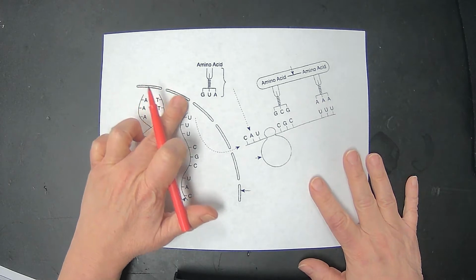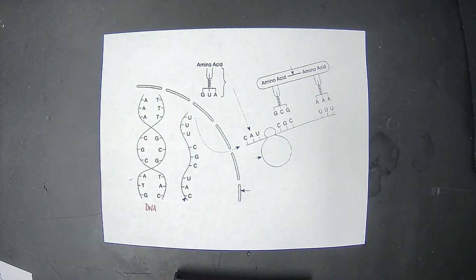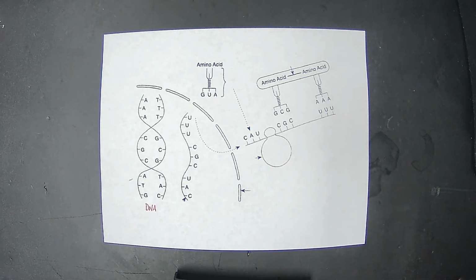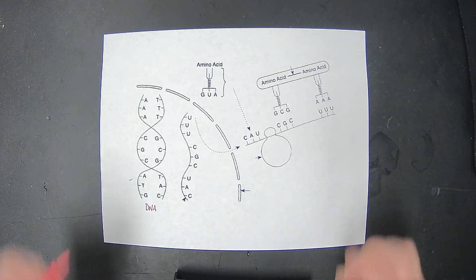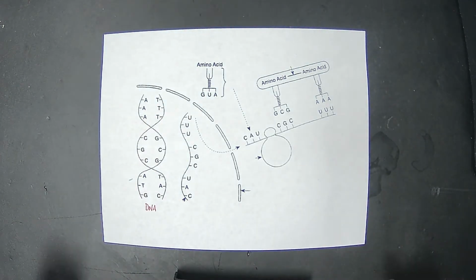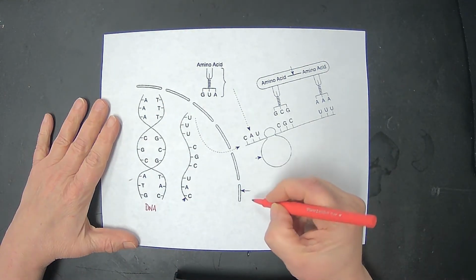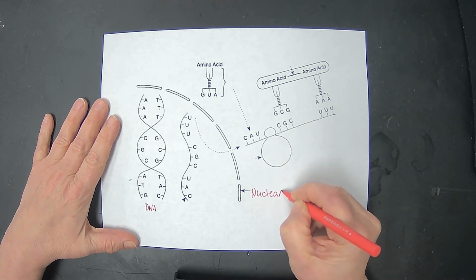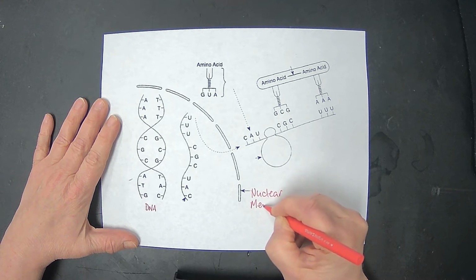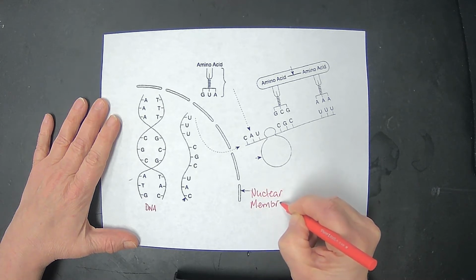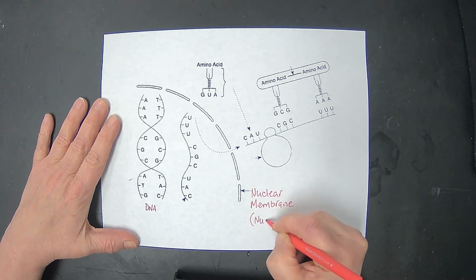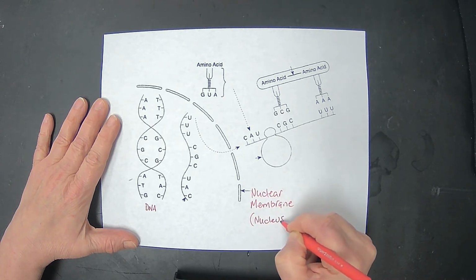So I'm betting that this area here is the nuclear membrane that makes the nucleus. I'm going to go ahead and label this the nuclear membrane, which is kind of the border of the nucleus. So you can go ahead in parentheses and write nucleus.